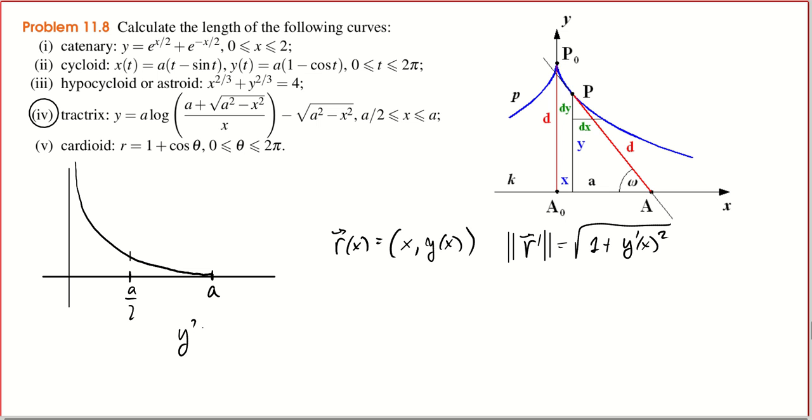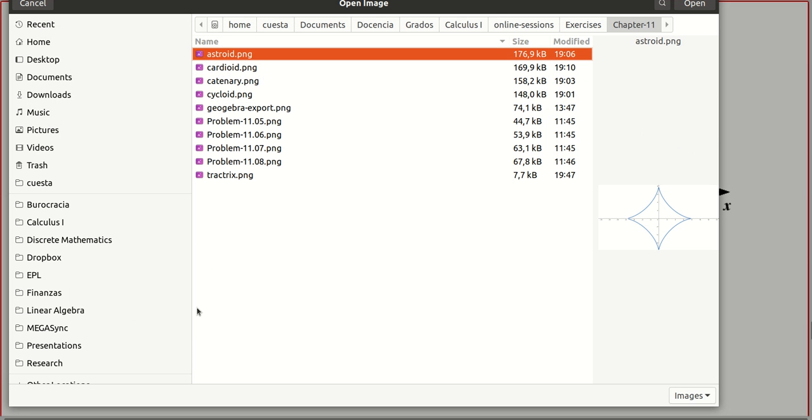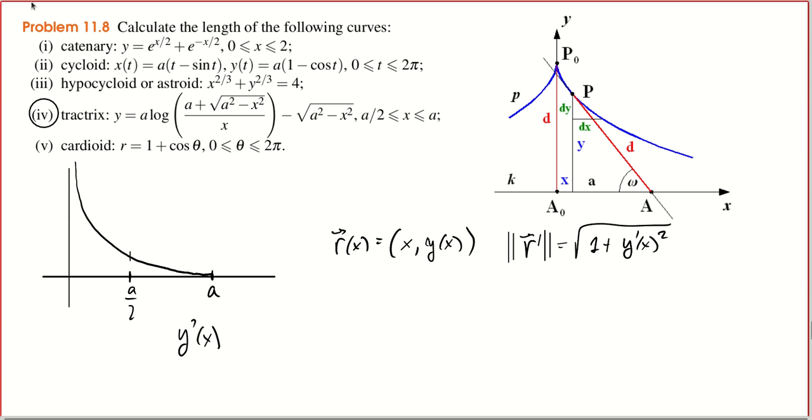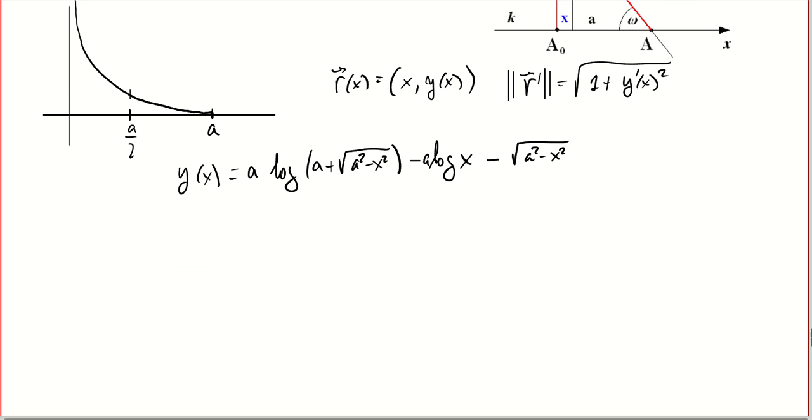So y prime is equal to, well, before calculating y prime, we're going to simplify the expression because we have a logarithm of a quotient here. We're going to express it as the sum of two logarithms, the logarithm of a plus the square root of a squared minus x squared, minus a times the logarithm of x, minus the square root of a squared minus x squared. All right, and now we can calculate the derivative.